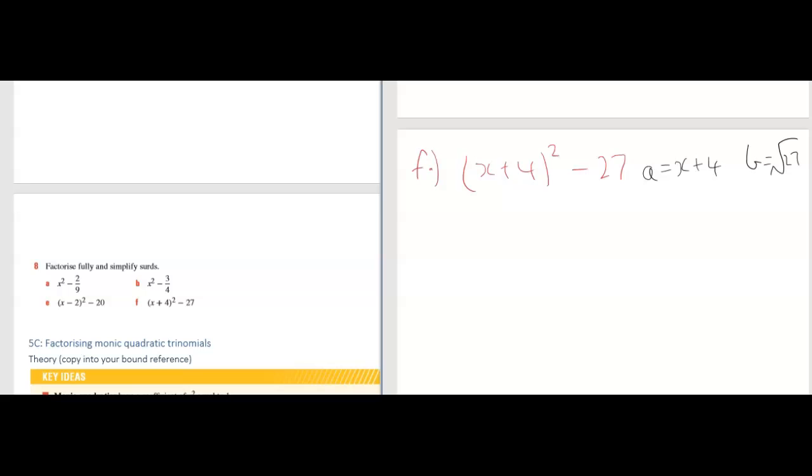All right, let's just simplify the square root of 27. So that's going to be 3 root 3. So our expression is x plus 4 plus 3 root 3, and then x plus 4 minus 3 root 3. And obviously you can't add them because they're not like surds. You've got an integer and you've got a surd, so you've just got to leave it like that.